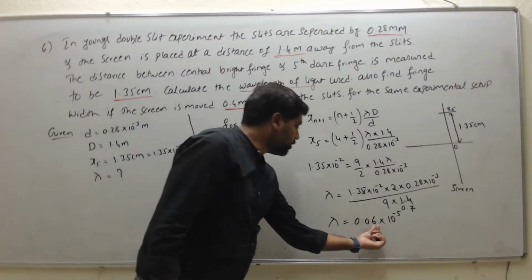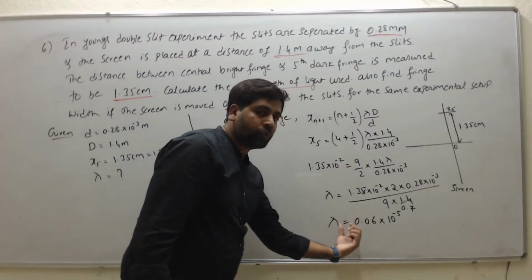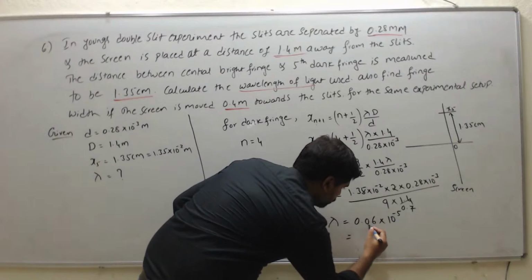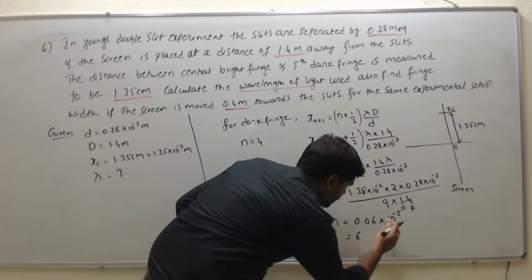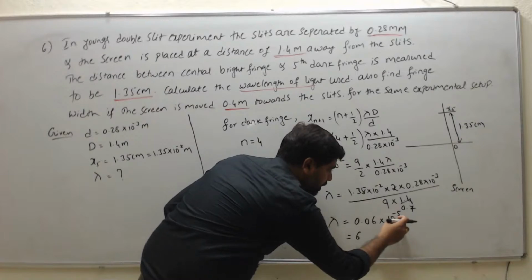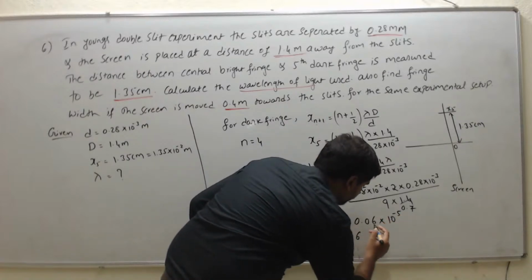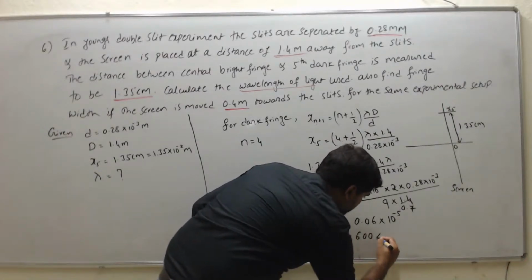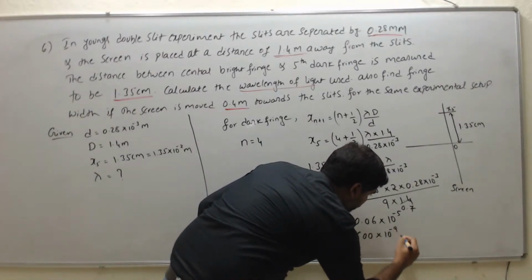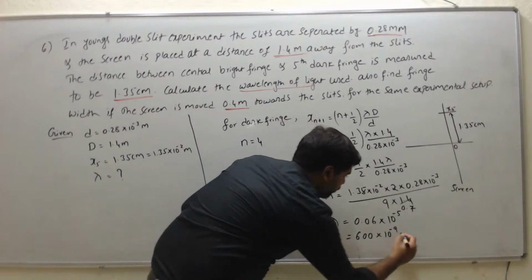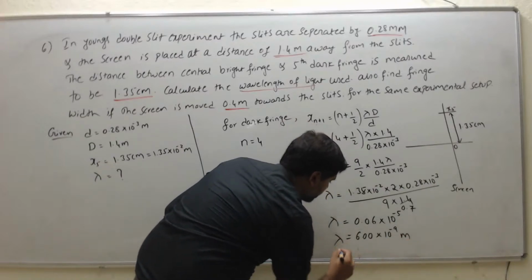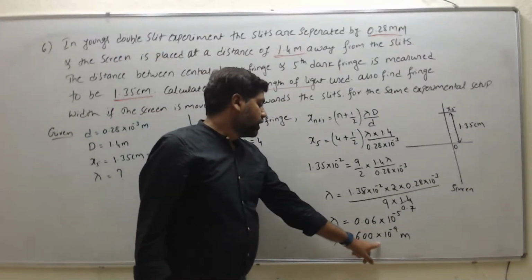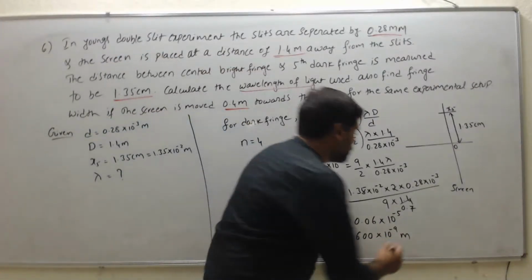Shifting the digit to the left, 10, 20, 30, 6, and here it is minus 3. So it becomes 10 to the power of minus 7. Further we need 2 zeros, that means 600 into 10 to the power of minus 9 meter. That is, the wavelength of light, lambda, is equal to 600 into 10 to the power of minus 9 meter.